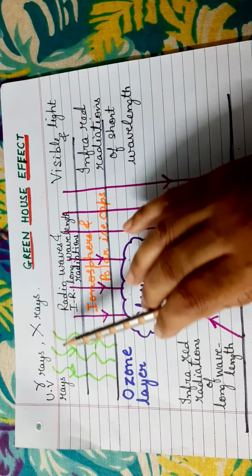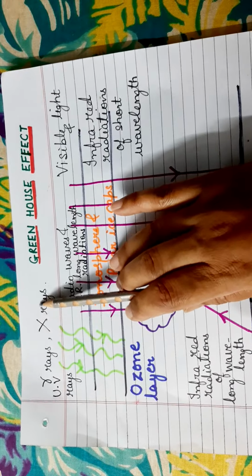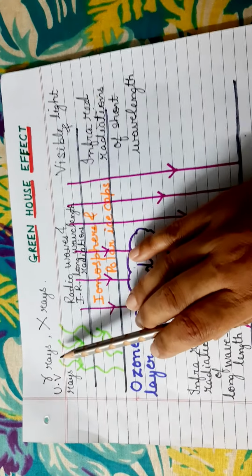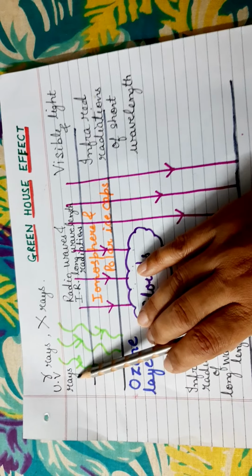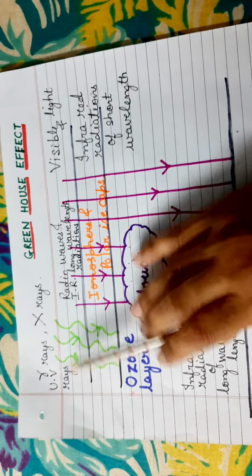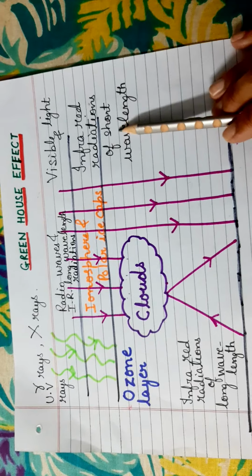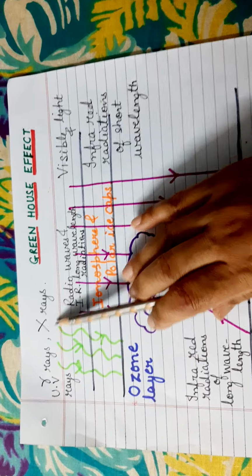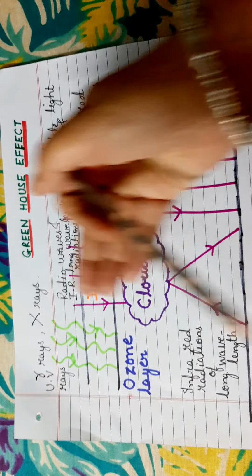Now what happens, the sun emits different rays. Different types of radiations are emitted by the sun. Now let us look at it. The sun emits gamma rays, X rays, UV rays. The full form of UV is ultraviolet rays, and of course the visible rays and the infrared rays. Now remember, children, that when all these radiations are emitted by the sun, they fall towards the surface of the earth.